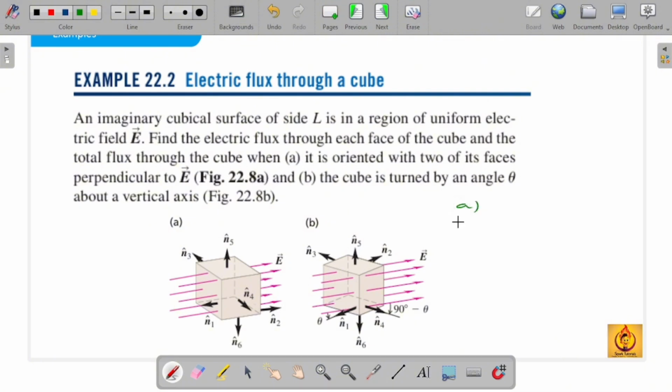An imaginary cubical surface of side L is in a region of uniform electric field E. You need to find the electric flux through each face of the cube and the total flux through the cube when it is orientated with two of its faces perpendicular to E, and then B, the cube is turned by an angle theta about a vertical axis.